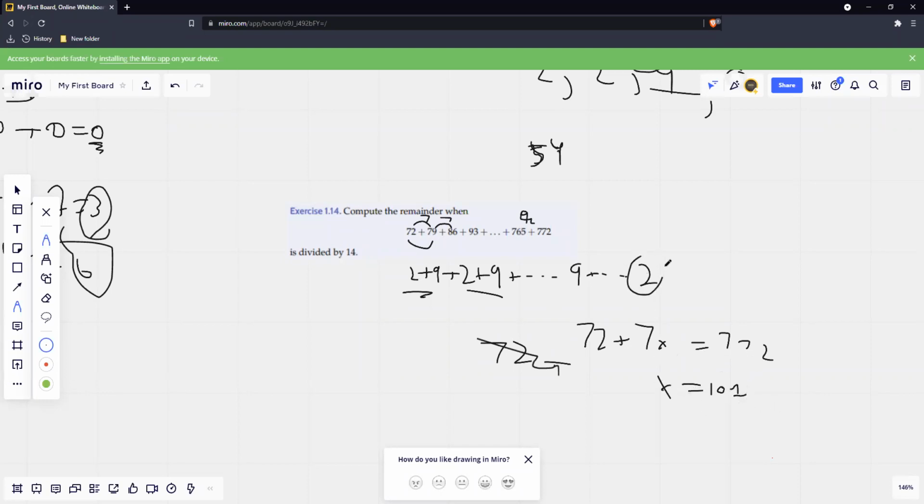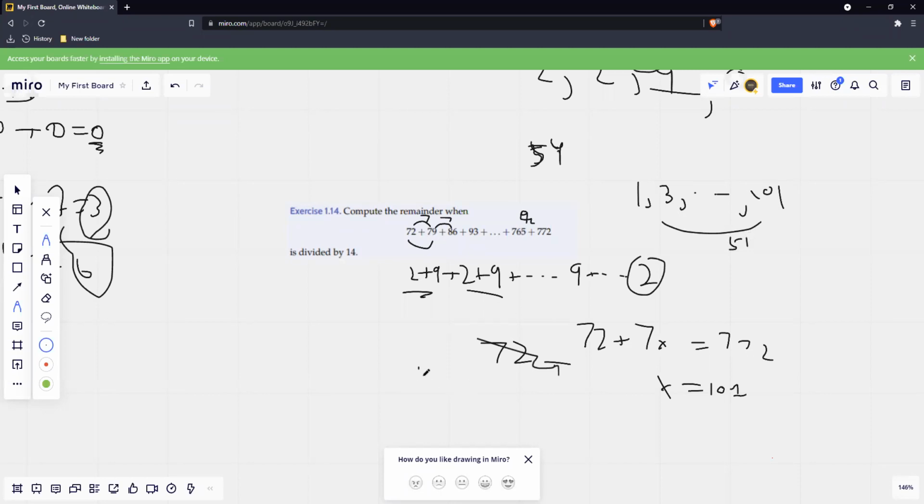We can call these the even remainders and the odd remainders. So we know that there's going to be one more even remainder because we have an ending 2. So let's say this is term 1, term 3, this is going to be term 101. So all these terms are going to be a total of 51 terms, right?